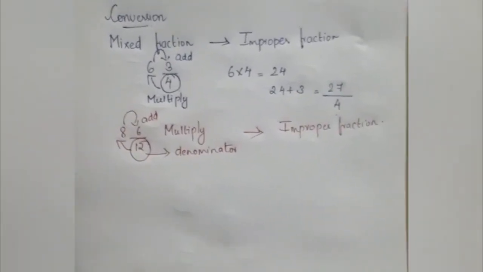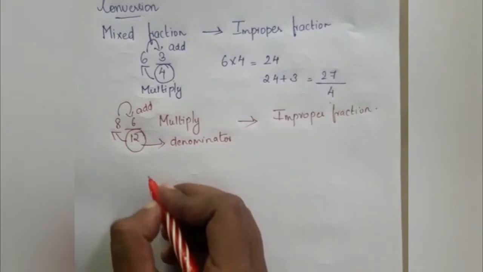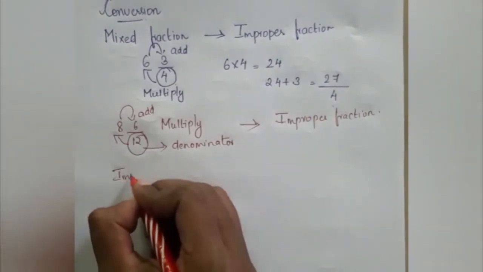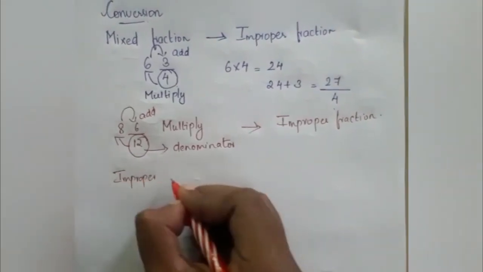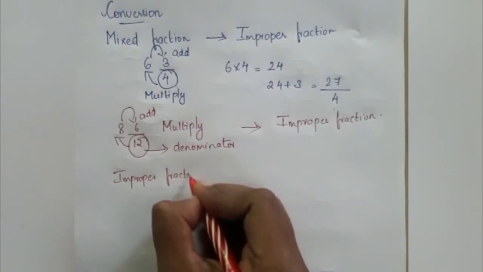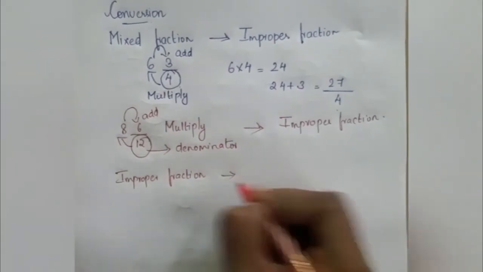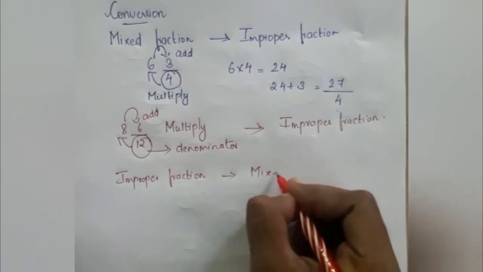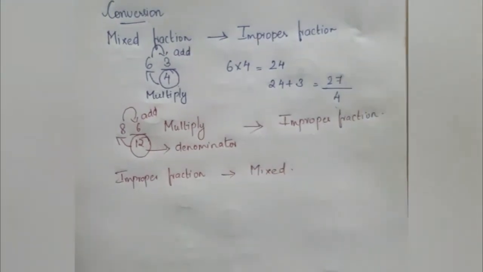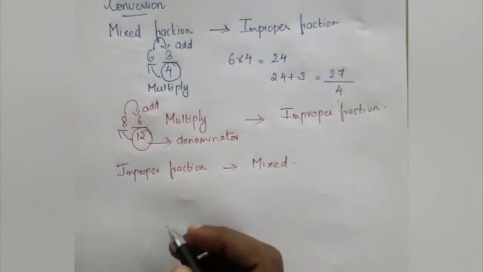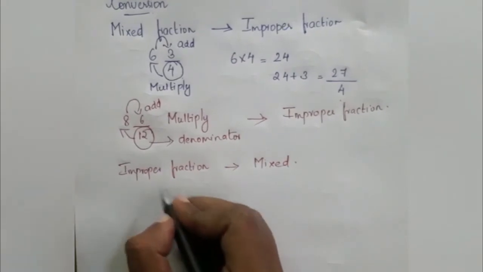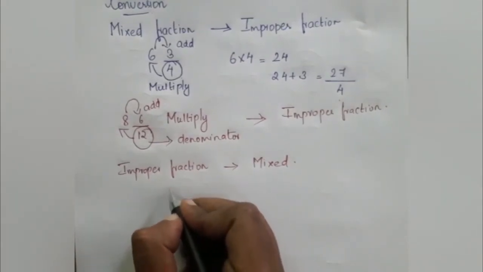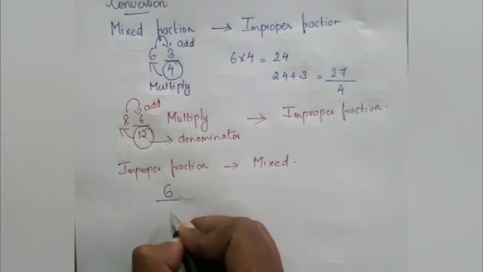Okay, now the second method is how to convert an improper fraction, a given improper fraction, into a mixed fraction. First thing is you have to divide. For example, an improper fraction is given for you. That is, the improper fraction means the numerator will be greater. 6 divided by 9.